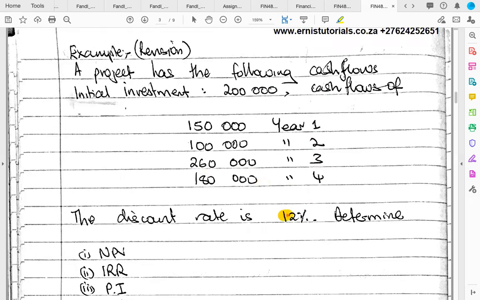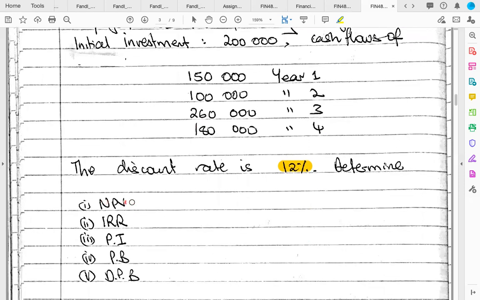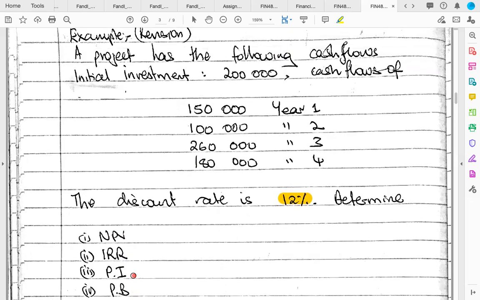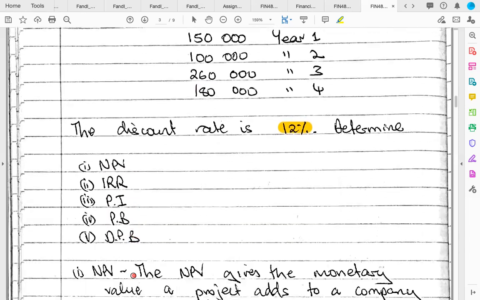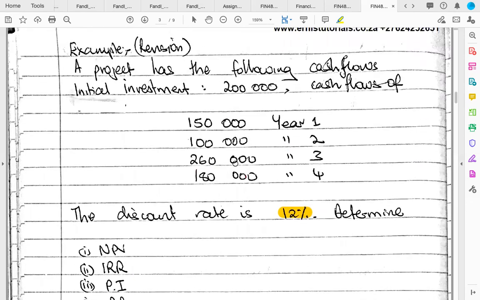We've been told that we're using a discount rate of 12%, and then we're asked to determine the NPV, internal rate of return, profitability index, payback, and the discounted payback. So it's going to be a bit of revision here. I'll look at each of these techniques using this case study.